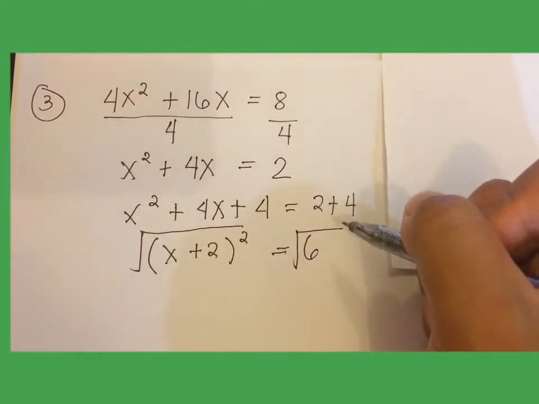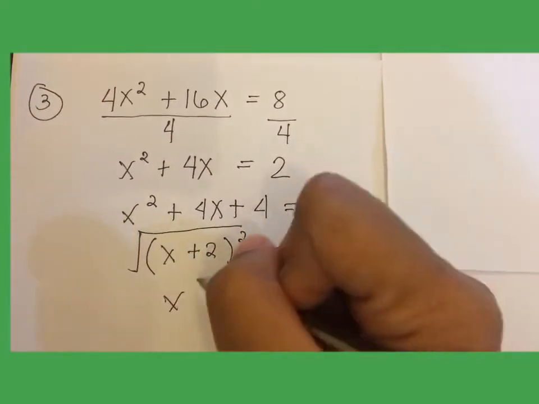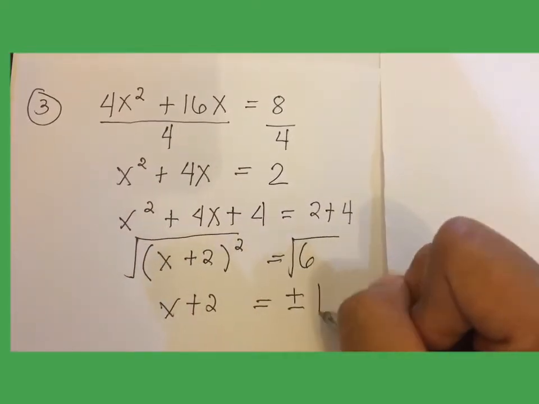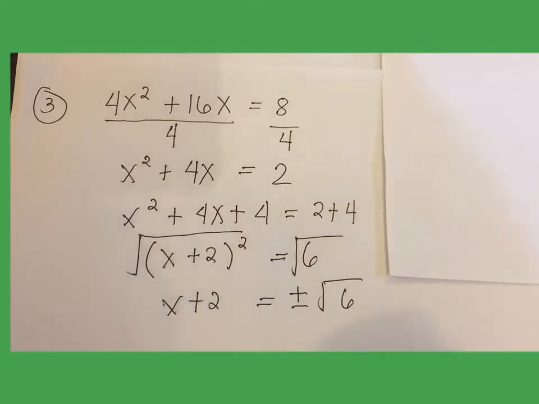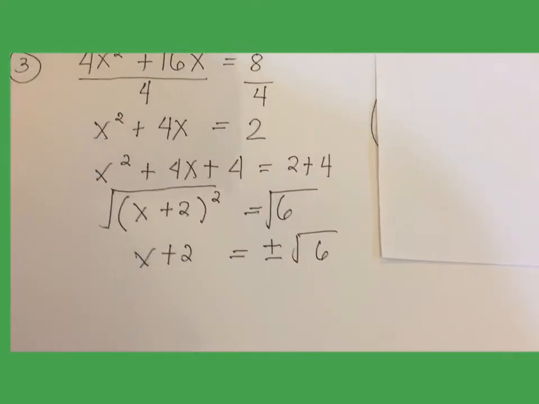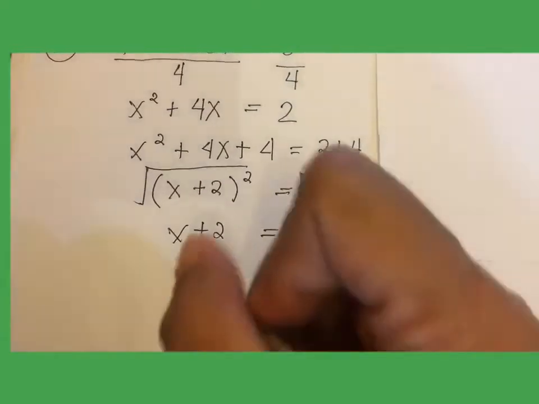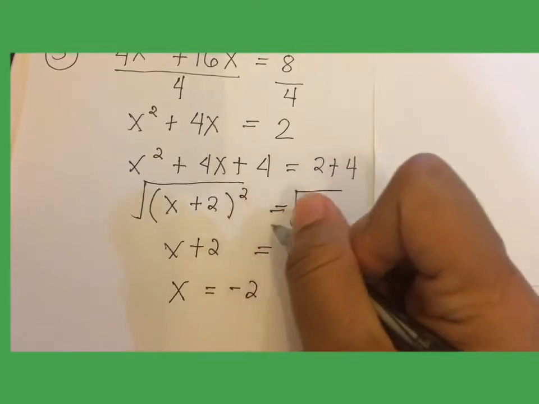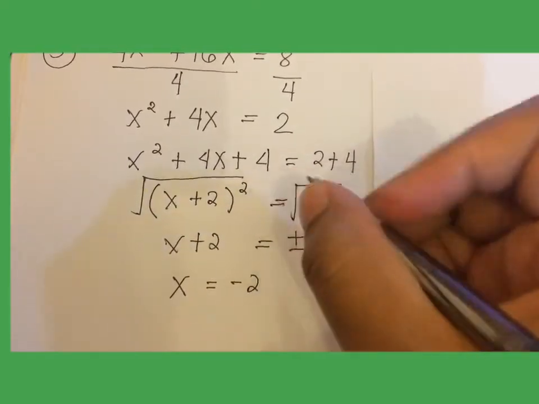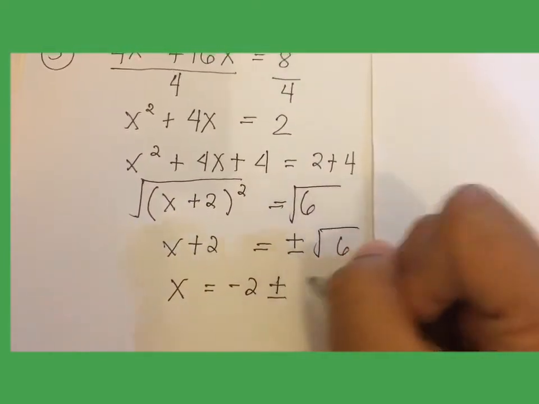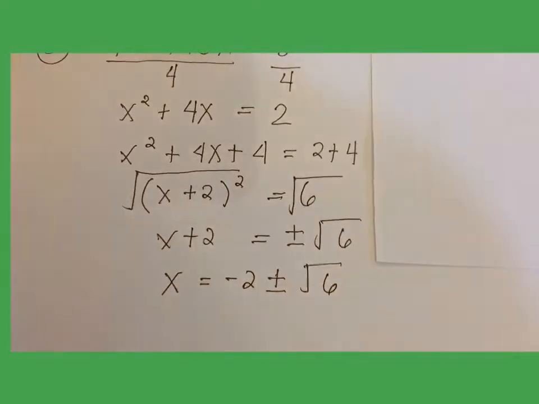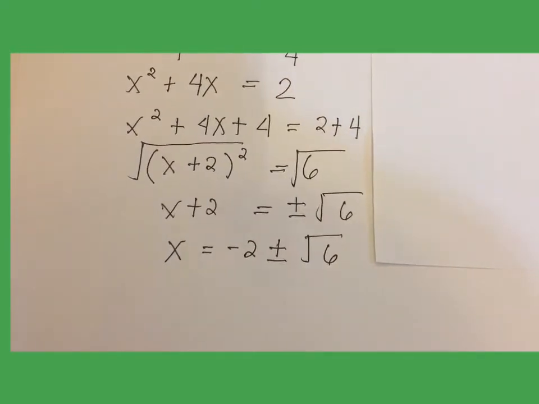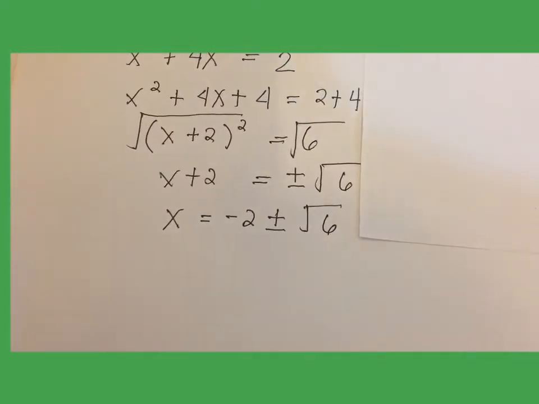So this now becomes x plus 2 equals plus or minus the square root of 6. Therefore, our value for x is negative 2, I transpose 2 to the other side so it becomes negative, then plus and minus square root of 6. Now, we're going to check if this is correct or not, because we want to be sure with our answer.